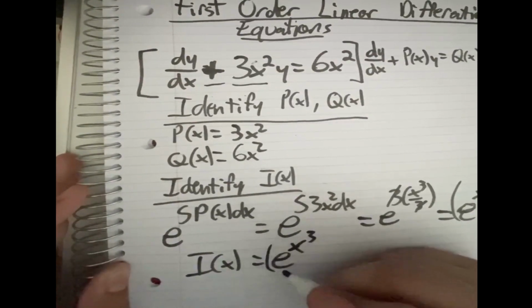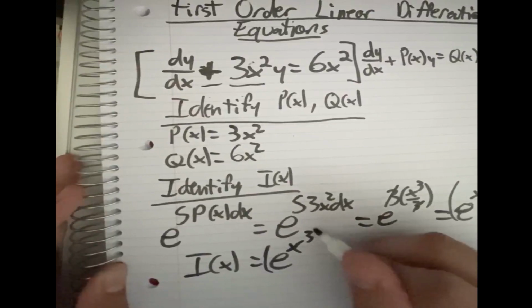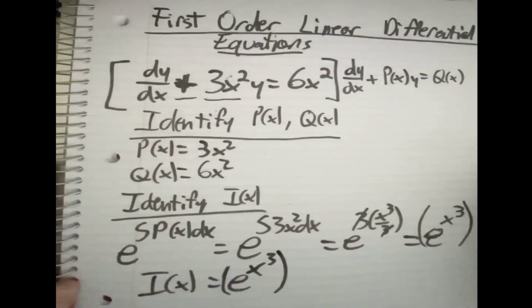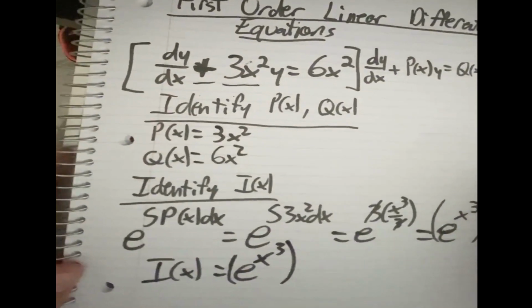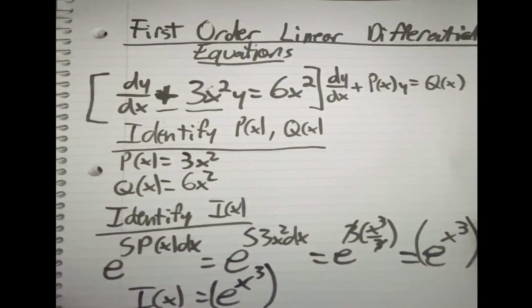So now that we have our p of x, our q of x, and our I of x, we're going to go ahead and start to solve the differential equation. The next step would be to multiply both sides by the integrating factor.